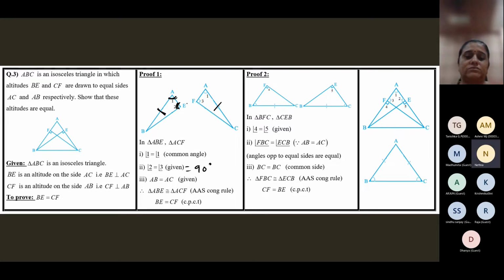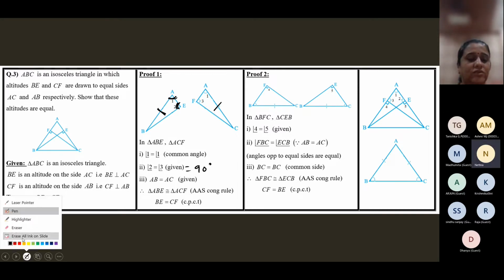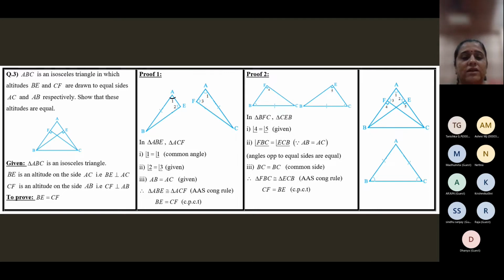Angle A. No. For angle 1 and angle 2, which is the included side? For angle 1, AE and BA. No, I'm not asking you the arms of angle 1.